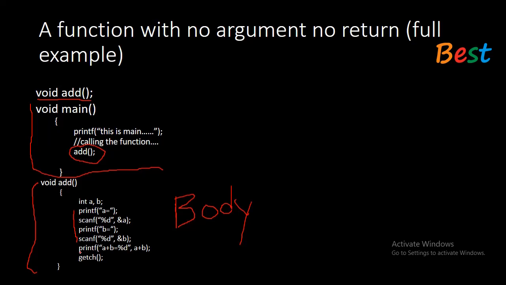Now the printf function prints a plus b equal to %d, and a plus b will return the value of adding two numbers. So let's have a look in practical.